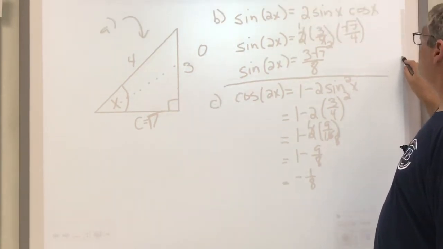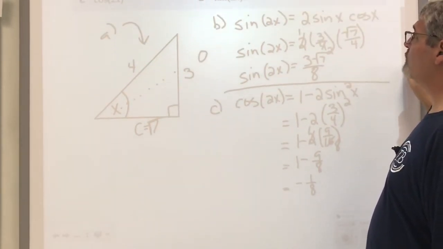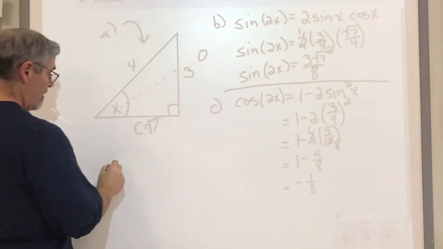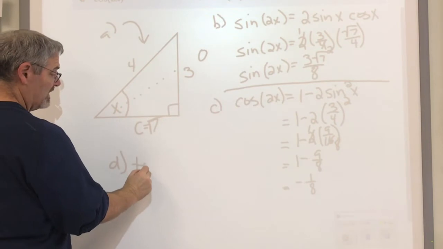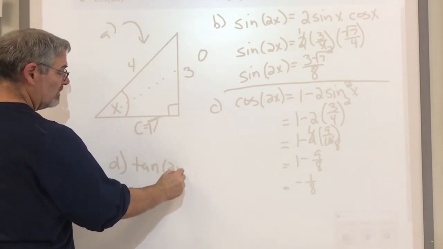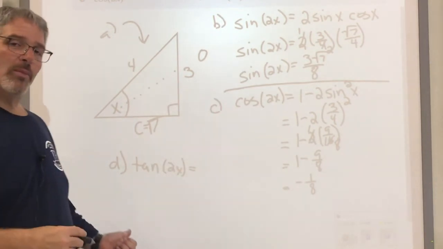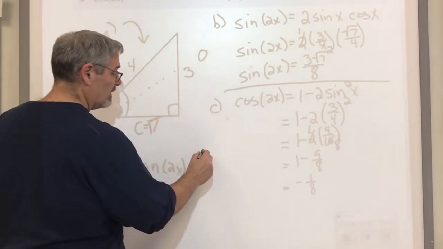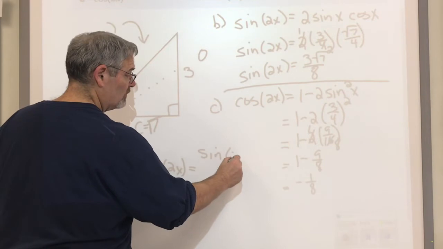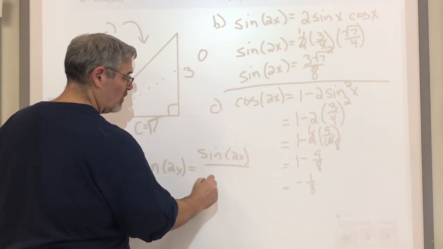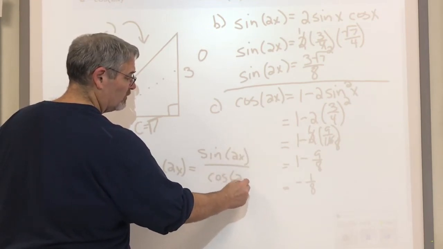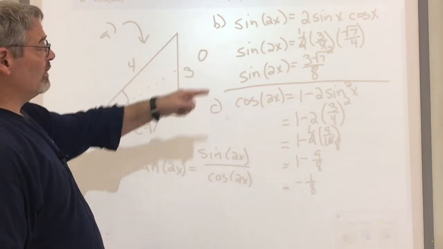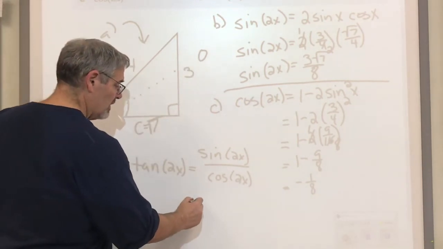And then finally, D, the tangent of 2x. Let's do D over here. The tangent of 2x. Well, this is from the one that we learned before, the sine over cosine. So the tangent of 2x is equal to the sine of 2x over the cosine of 2x. The sine of 2x is 3 square root of 7 over 8.